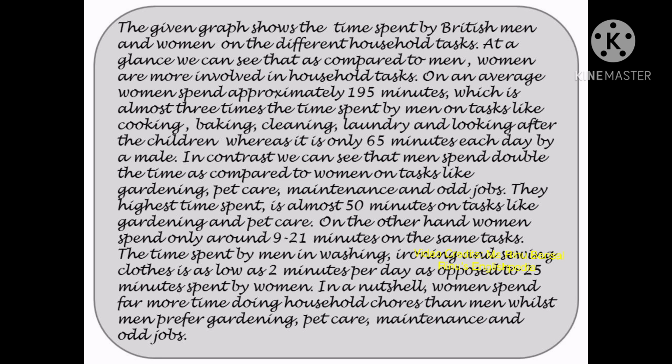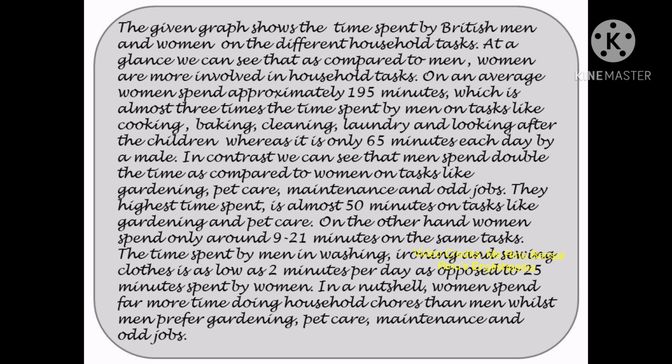In contrast, we can see that men spend double the time as compared to women on tasks like gardening, pet care, maintenance, and odd jobs. The highest time spent is almost 50 minutes on tasks like gardening and pet care. On the other hand, women spend only around 9 to 21 minutes on the same tasks.